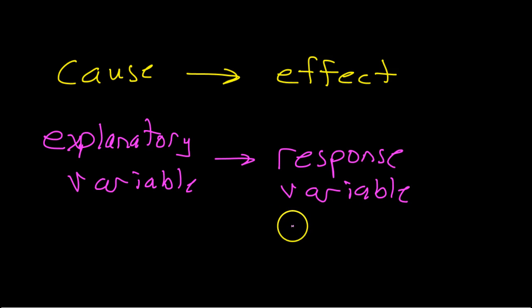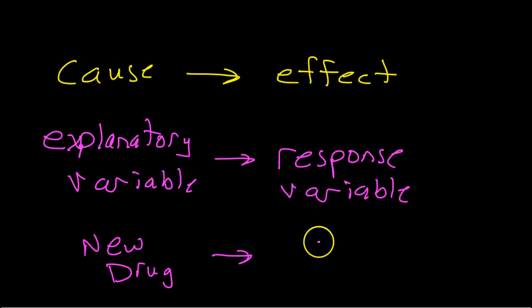So if you're trying to study the effect that a new drug will have on headaches, in that case, the new drug would be the explanatory variable. And the number of headaches would be the response variable.